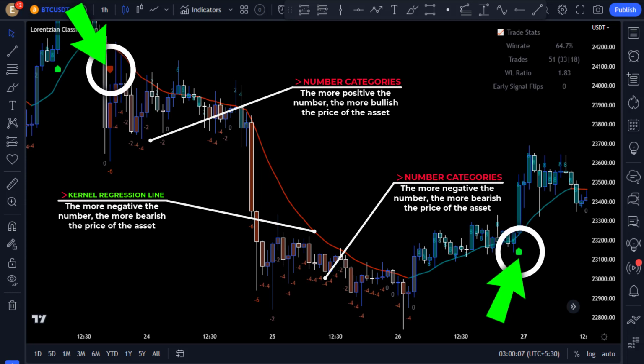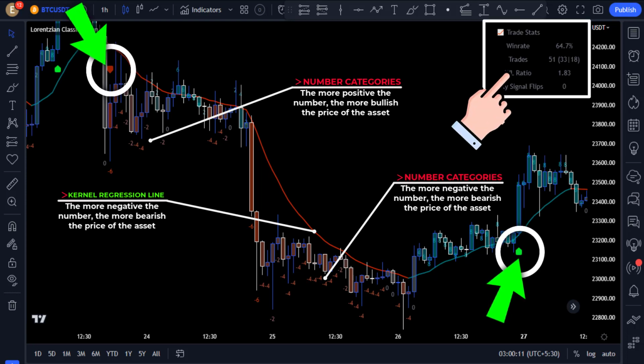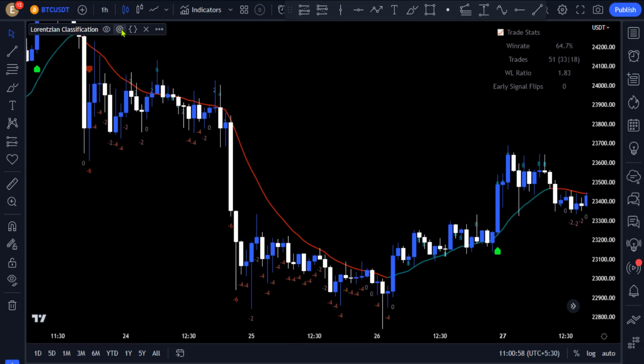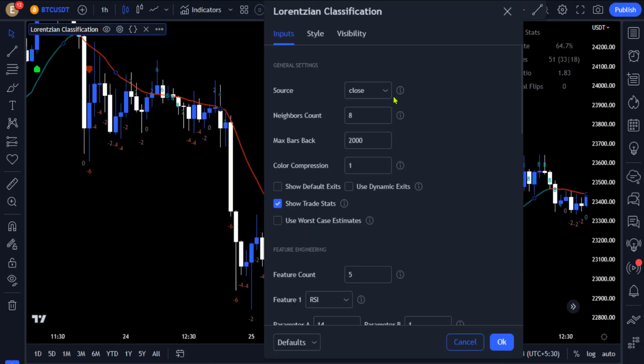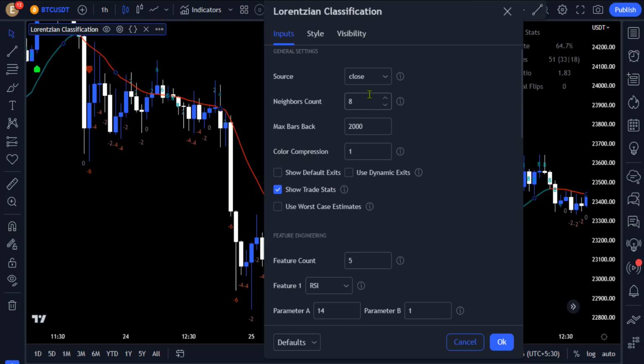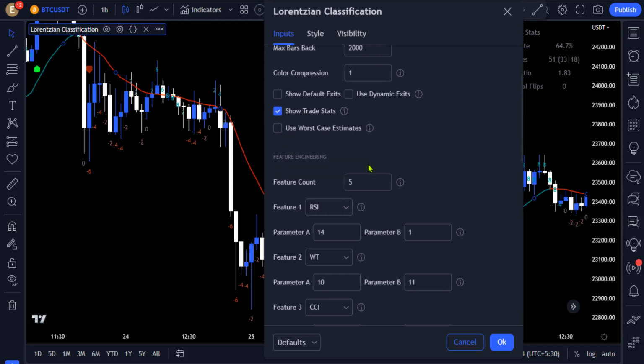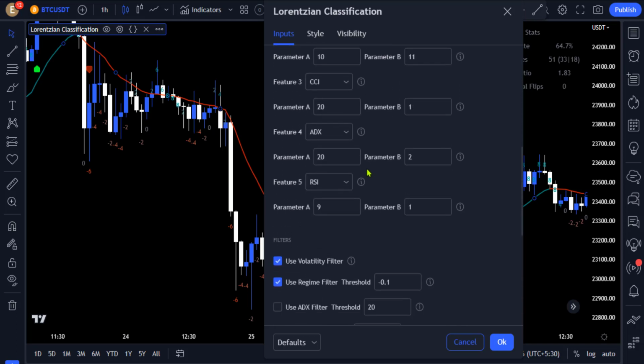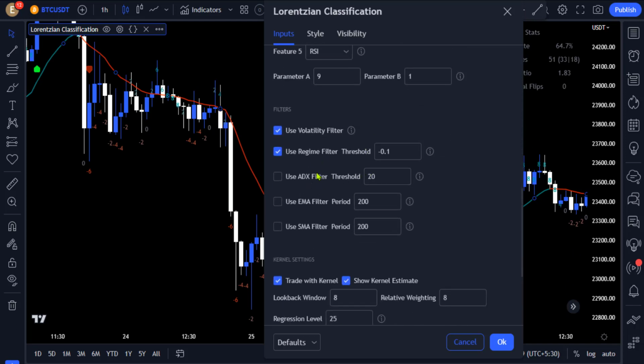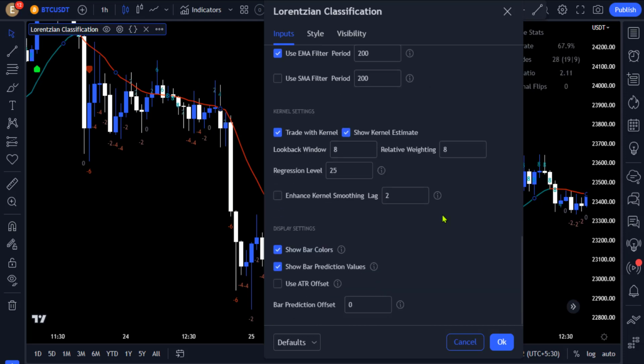It also comes with a kernel regression line, bar colors, and trade stats, and plenty of options to customize your inputs like neighbors count, maximum bars back, and color compression. You can also apply various filters to the buy and sell signals so that you can make them more precise. For example, you can enable the EMA filter, which will automatically cancel a lot of false signals.